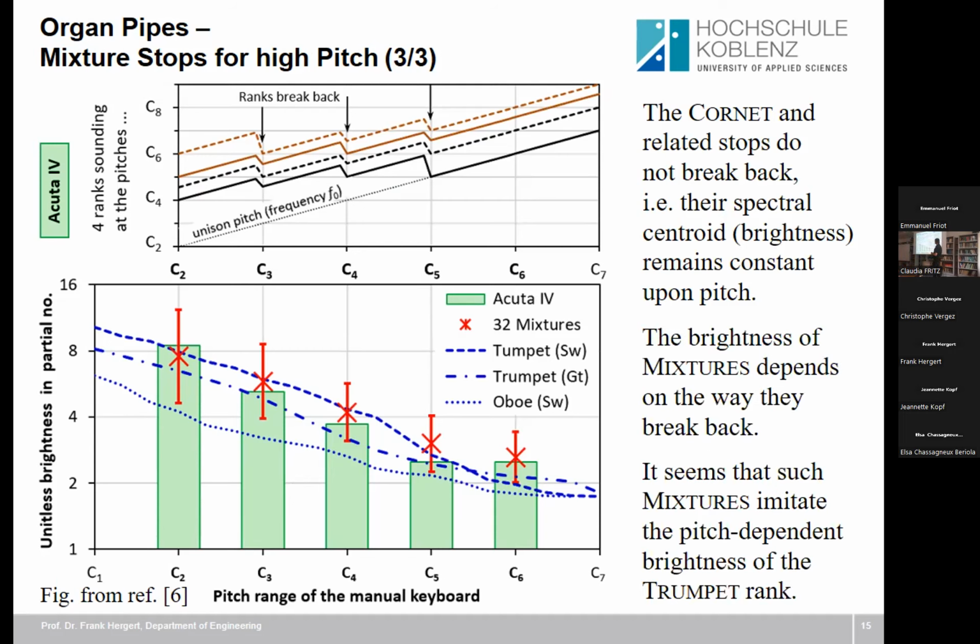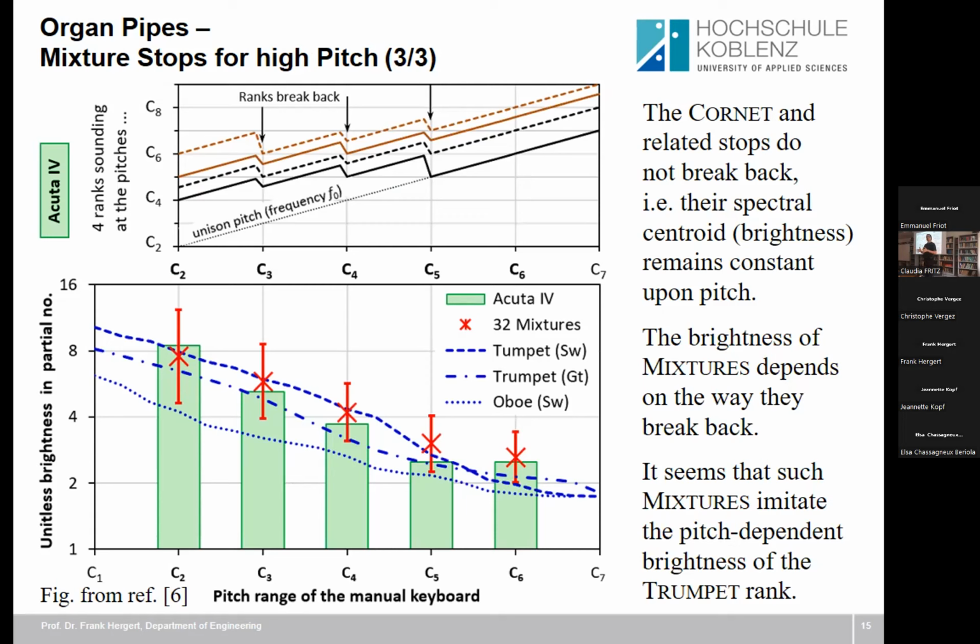If I calculate the brightness, the spectral centroid, of such a mixture of 4 ranks, which break back, then the brightness changes. Here it's shown in the green bars. The brightness at the lowest pitch at C2 is 8 point something, expressed in partial number. And at the top C, it's maybe 2.5 or something. So it's lower. Why is this?